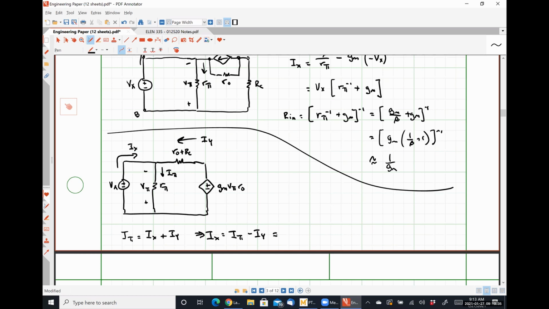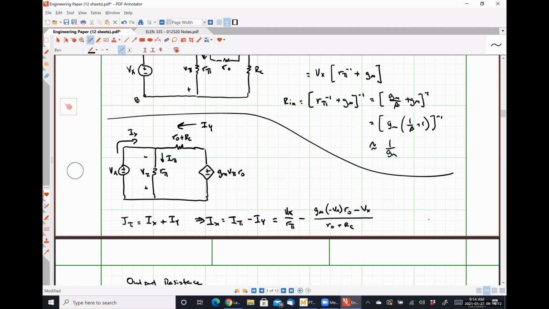I pi is Vx over R pi, and Iy is Gm V pi, which is negative Vx R naught, minus Vx, divided by R naught plus RC.